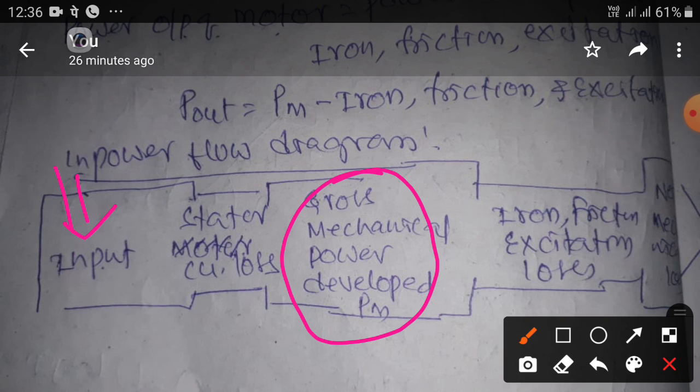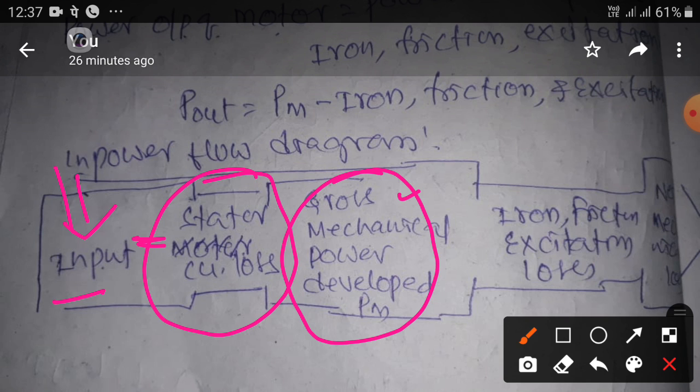But in between, copper losses take place in the stator winding and rotor winding. Total input minus the stator copper losses gives the stator output, which is nothing but the gross mechanical power developed in the machine.